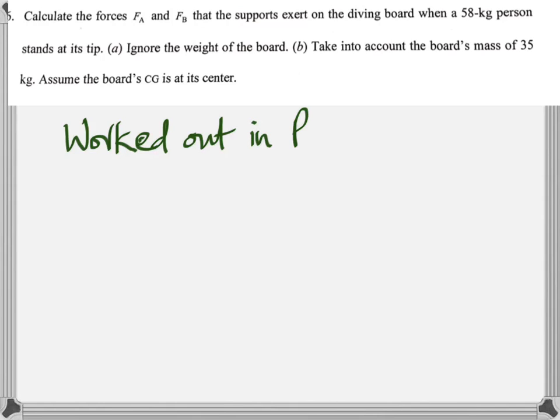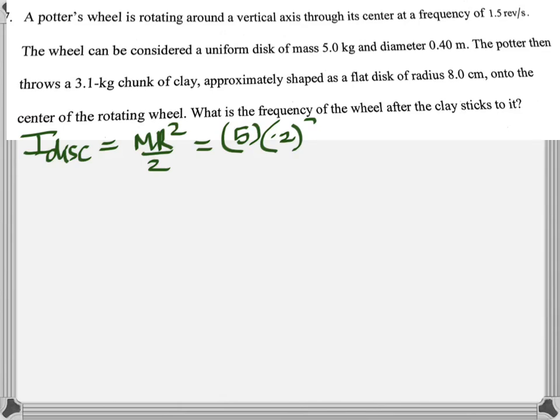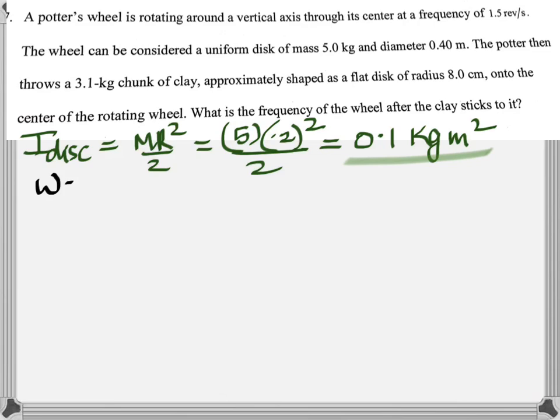This was worked out in class, so I'm not going to waste any more time. Well, in this question, it's a particular case of conservation of angular momentum. So first find the moment of inertia of the disk. Find the angular velocity from the given frequency.